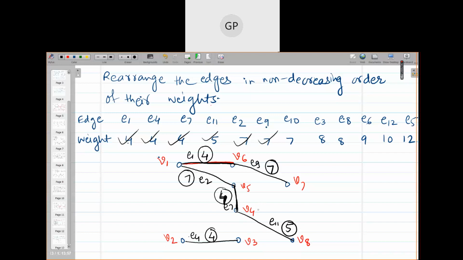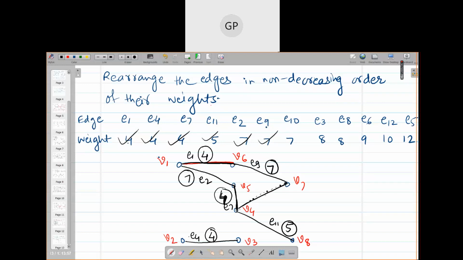So if I include E10, what will happen, girls? Can you see I have included E10 here?